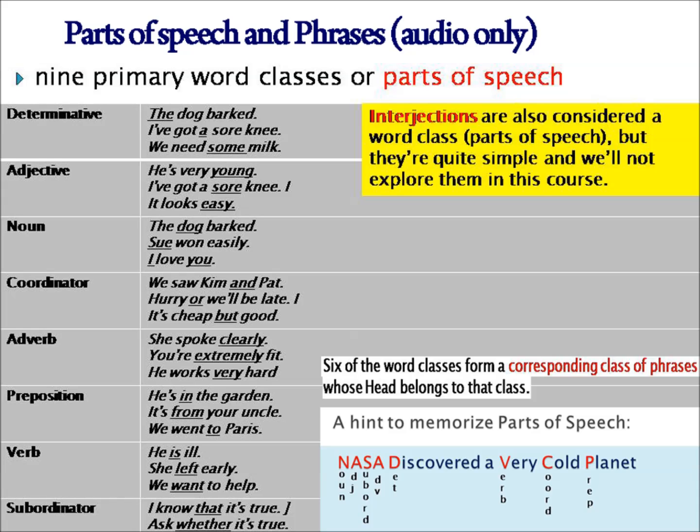It's true. But I know what? It should be either implicit from the context, or it should be called in the next element in the sentence. Ask whether it's true. Ask what? Again, it's true.